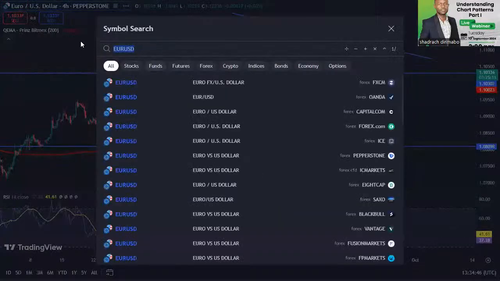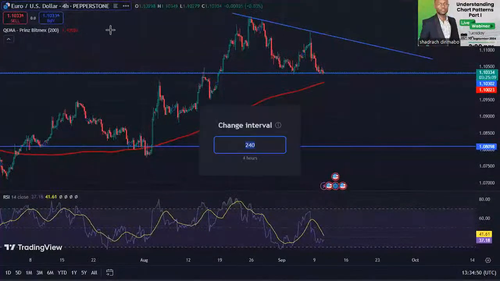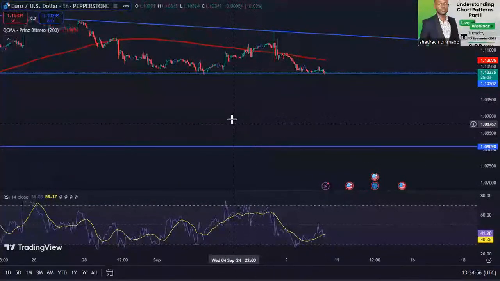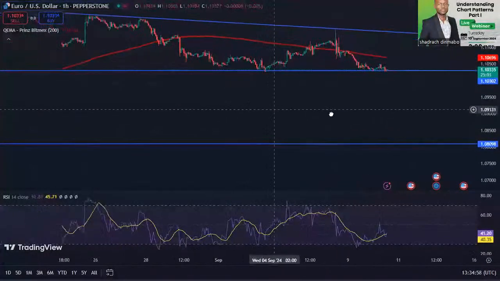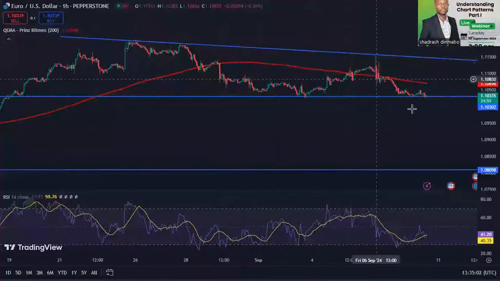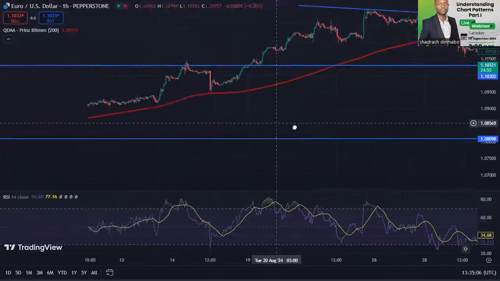Let's see 1 hour. Let's see if we can check it out on 1 hour. Okay, so this is what you can see in 1 hour, right? Let's just backtest.